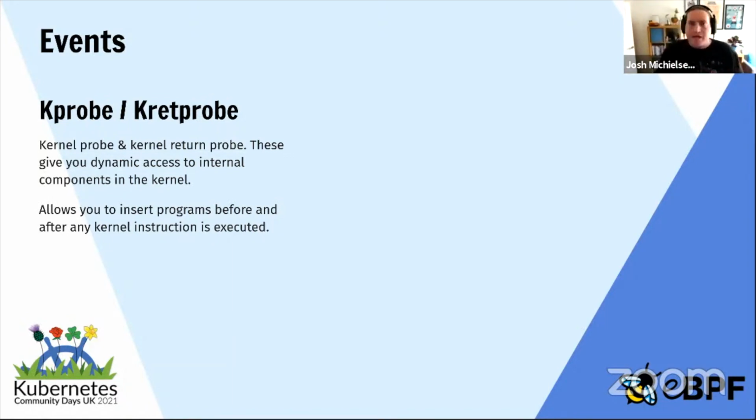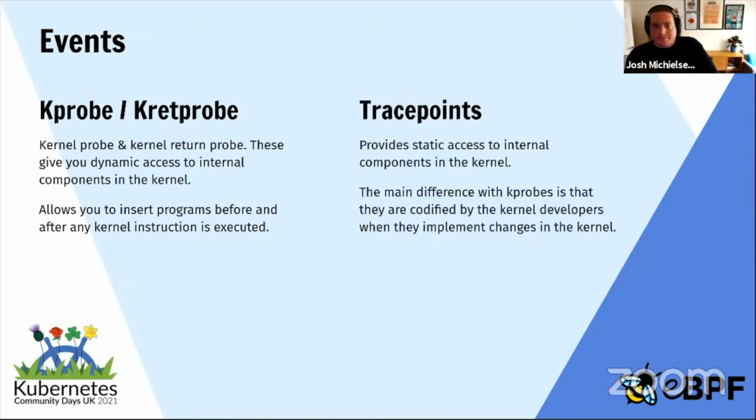A good example of what you can do with this is capturing syscalls, such as when a file is opened and when a file is closed. When an executable is run on a system, a kprobe and kretprobe are useful for capturing information about those executables. Tracepoints are static access components in the kernel.